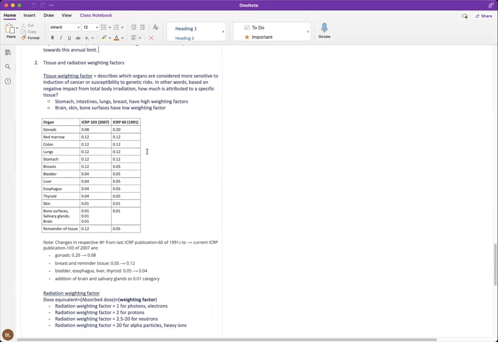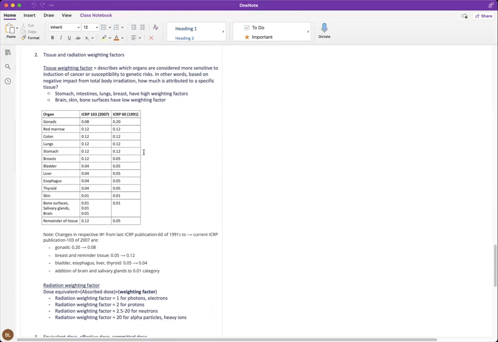Tissue and radiation weighting factors. So what is a tissue weighting factor? This describes which organs are considered more sensitive to the induction of cancer or susceptibility to genetic risks. So, in other words, when someone has total body radiation, how much of that negative impact is related to a specific tissue? So you think about TBI, bad exposure.